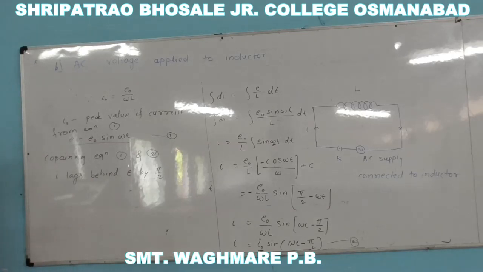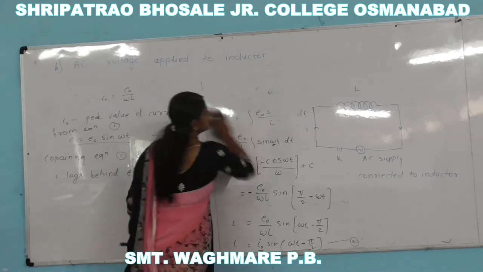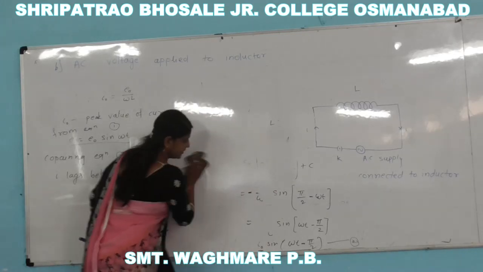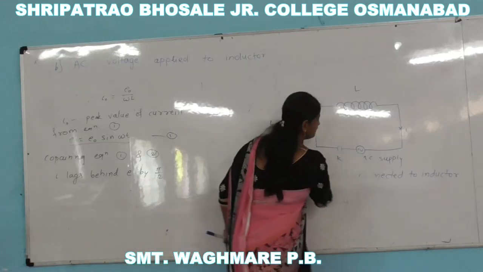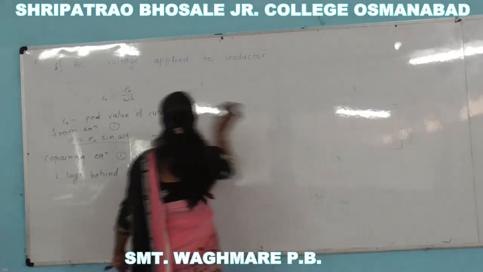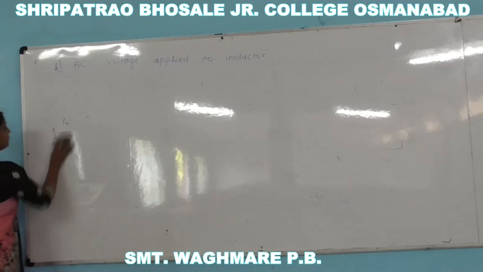And therefore, when we take the phasor diagram, here we can draw the phasor diagram of alternating current and alternating EMF. Then we get the diagram of this type.